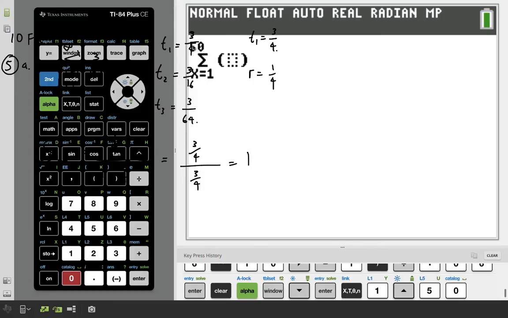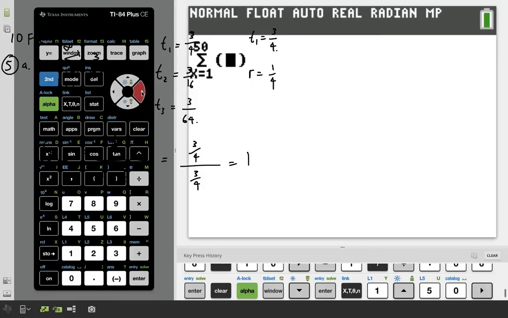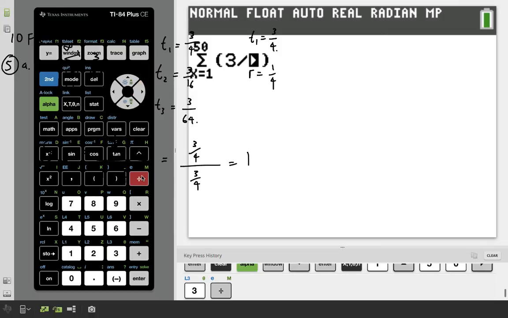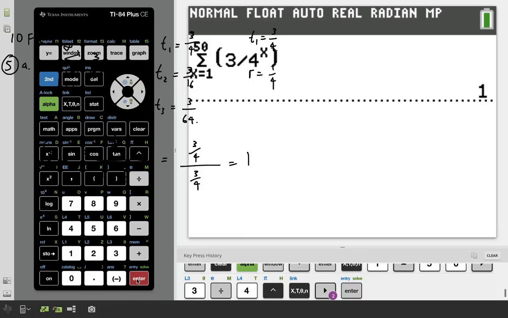Obviously I can't sum up to infinity, but I can still check on the calculator. I can just sum up to a high value. Don't make it too high, or else your calculator will be there thinking forever. So I think 50 will do it. Let's find out. I've just typed in exactly what was in the question. And I'm expecting that this answer will come out to be 1. And it does.